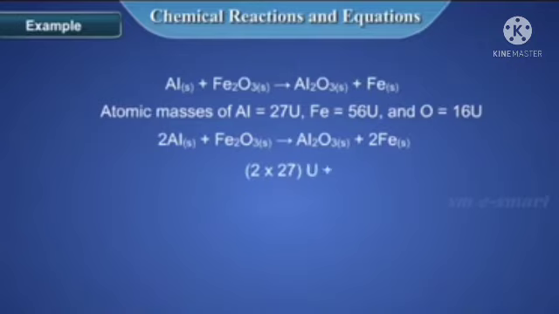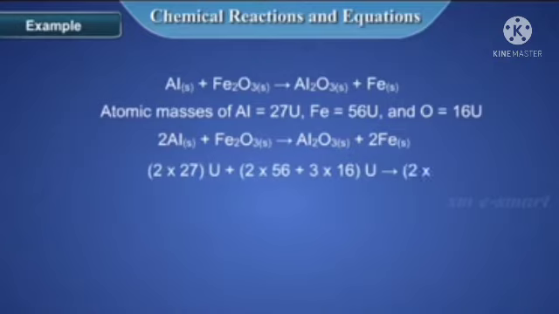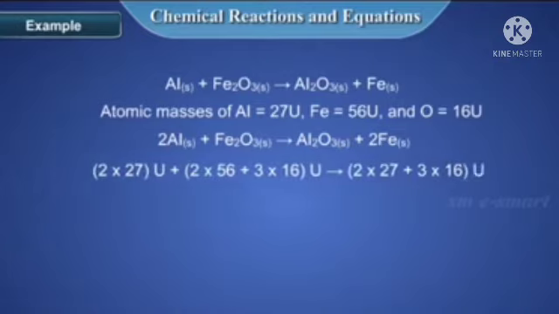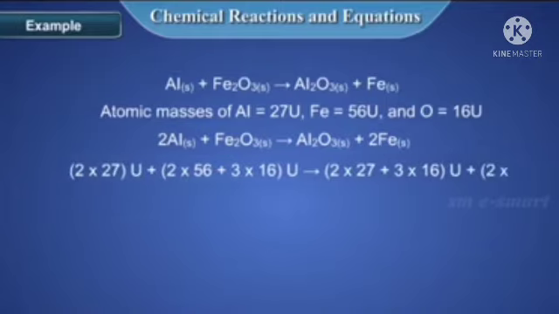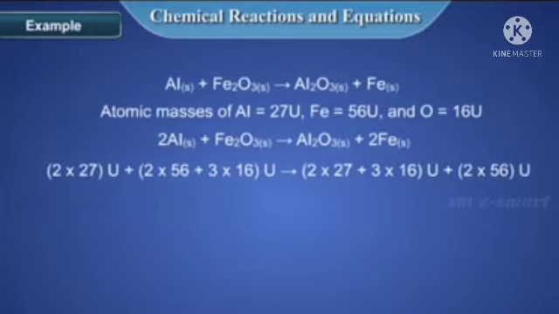Here 2 moles of aluminium, 2 into 27, plus 2 into 56 plus 3 atoms of oxygen, 3 into 16, gives rise to 2 into 27 plus 3 oxygen atoms, 3 into 16, plus finally 2 iron atoms, 2 into 56.